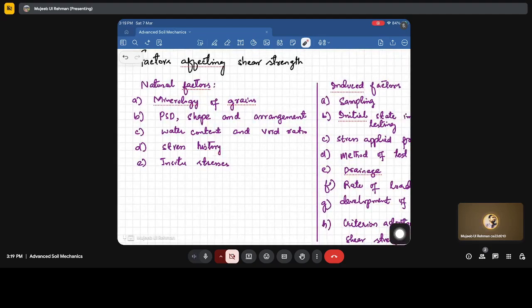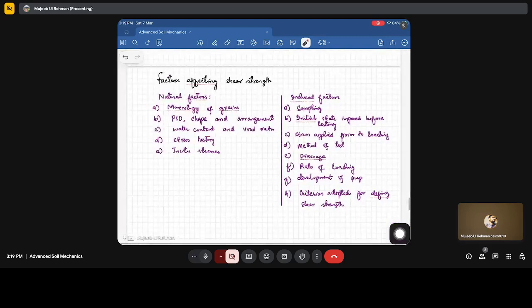Stress history means the stress that the soil has experienced in the past, whether the present stress is equal to the maximum stress that has been experienced by it in the past. This is going to affect the strength of the soil, and so are the in situ stresses. So these are the natural factors which are going to affect the shear strength of the soil.